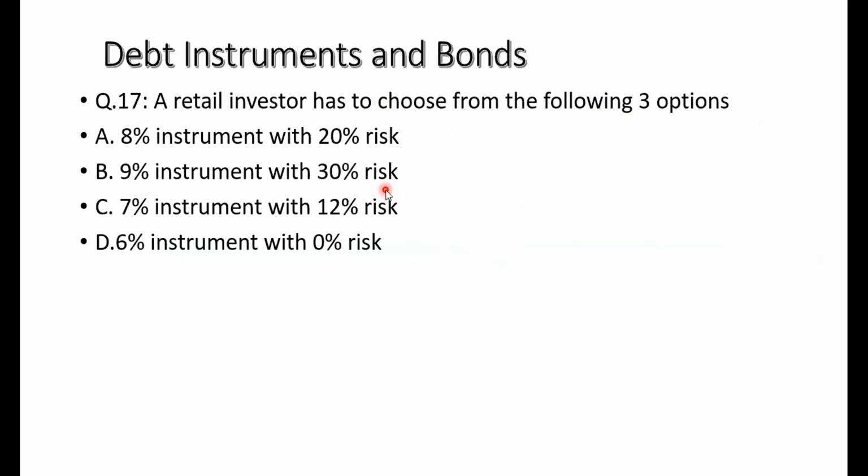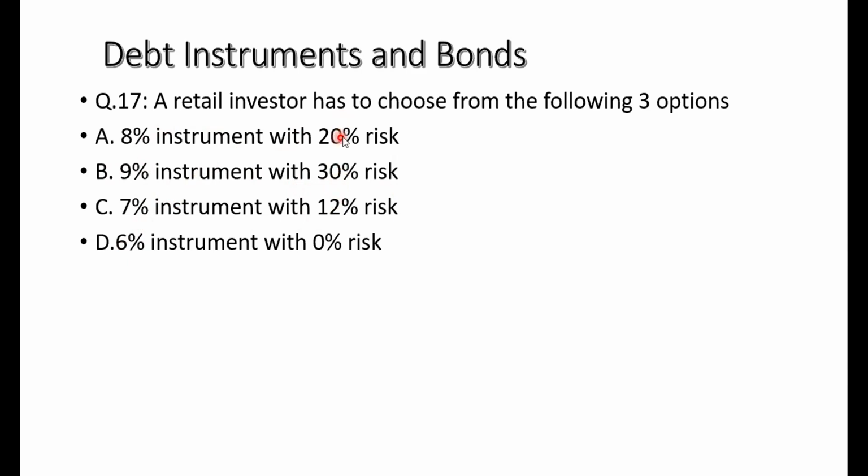The same question I have put in risk management also, here they will twist it. Risk is there in all the 4 instruments: 8% instrument with 20% risk, 9% instrument with 30% risk, 7% instrument with 12% risk. That means this is the rate of interest, but the risk is 20, 30, 12.